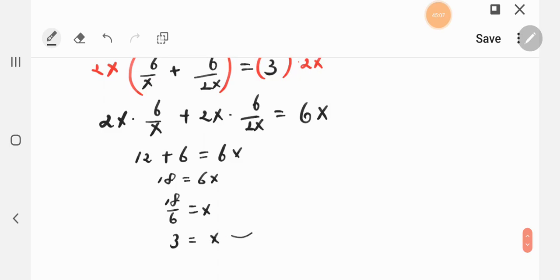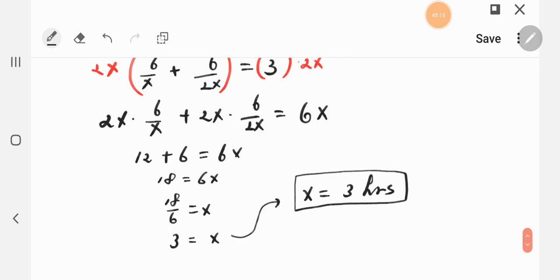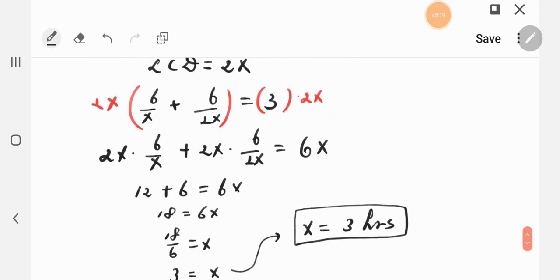So x is the speed from left to right, s1. So the answer is 3 hours. Oh, wait a minute. We are looking for what?